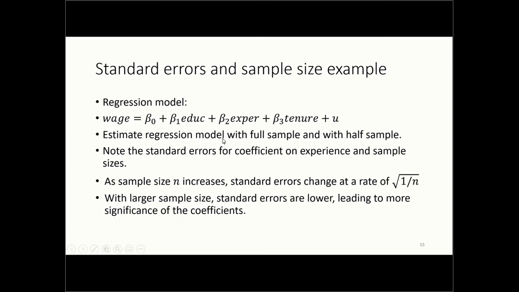We would notice the standard errors for the coefficient on experience change at the rate of 1 divided by the square root of n. With a large sample size, the standard errors would be lower, leading to more significance of the coefficients.